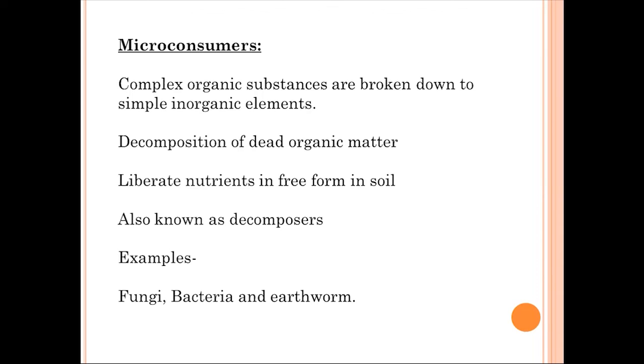Okay, so the dead vegetable matter, which had complex organic substances, is converted into simple inorganic elements. Now, these NPK fertilizers, like potassium, nitrogen, phosphorus, are very important for the growth of plants. And this is how the earthworm helps in enriching the fertility of the soil.